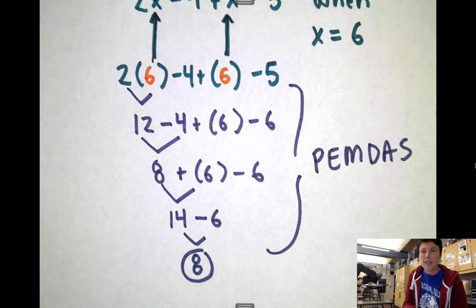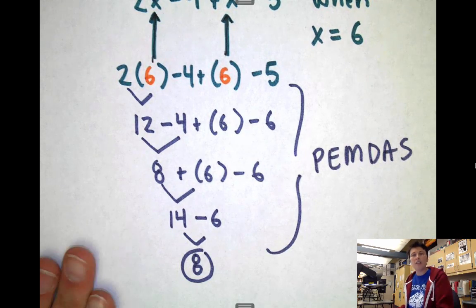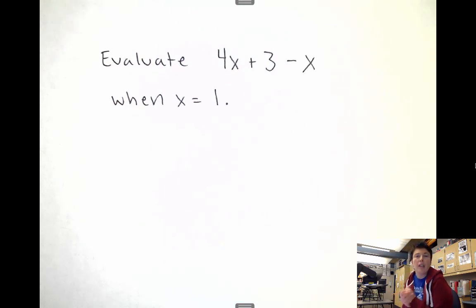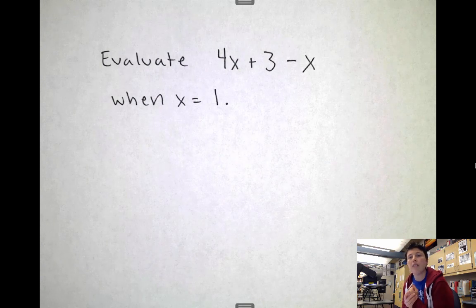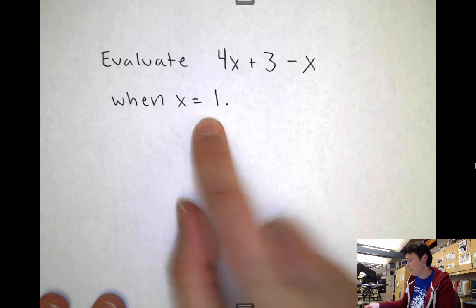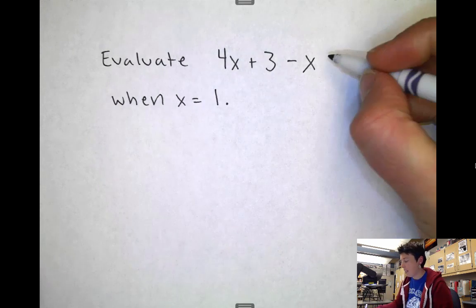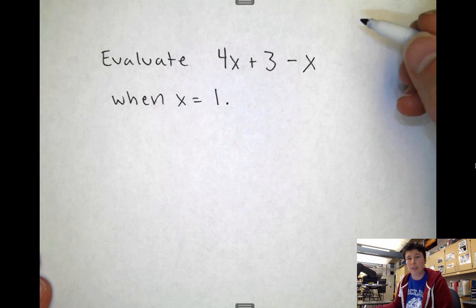So we're going to try a couple of these because some of them are really easy and some of them are not. Depends on the problem. Depends on what you're evaluating. So here's another one we're going to try. Evaluate 4x plus 3 minus x when x is equal to 1.